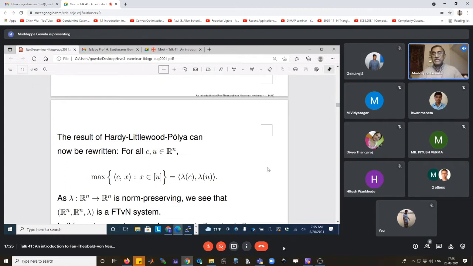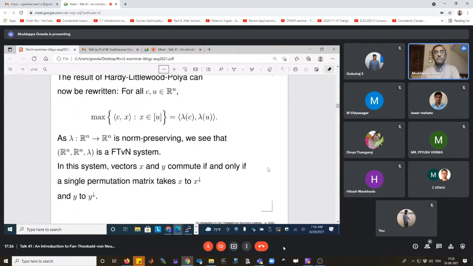Notice that everything is taken in Rn. But we know that lambda of x is nothing but x down arrow. And in particular, the 2-norm of x is the same as the 2-norm of x down arrow. So this lambda is norm-preserving. So if I put all these things together, I see that this triple, Rn with lambda, is an FTVN system.